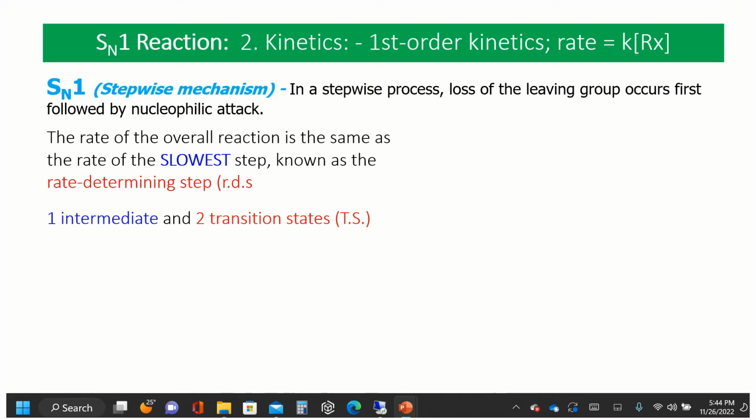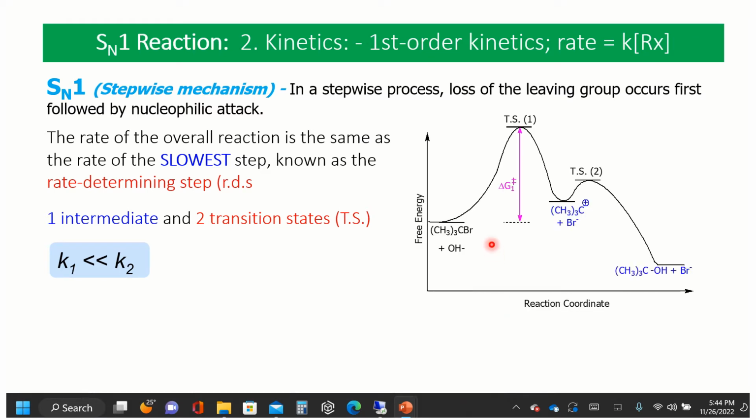So the first thing you've got to realize is that the dissociation of the leaving group is the slowest step. So that first step to get to your intermediate, so we pass through this transition state to get to this intermediate, this first step is the most important.